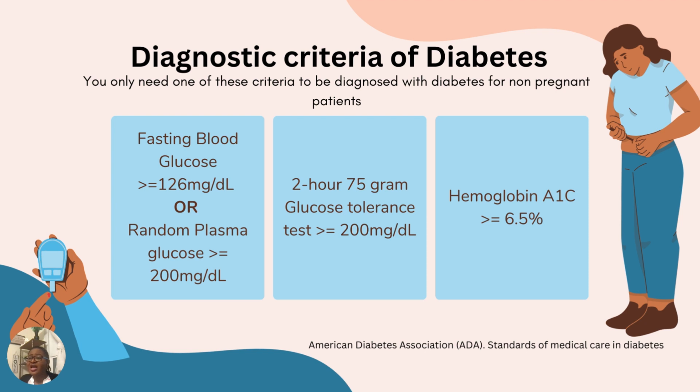It measures how much sugar has been attached to your red blood cells for the last 120 days, which is 3 months. That is what is called your hemoglobin A1C. Now, if this hemoglobin A1C level is greater than 6.5%, that patient can be diagnosed with diabetes.